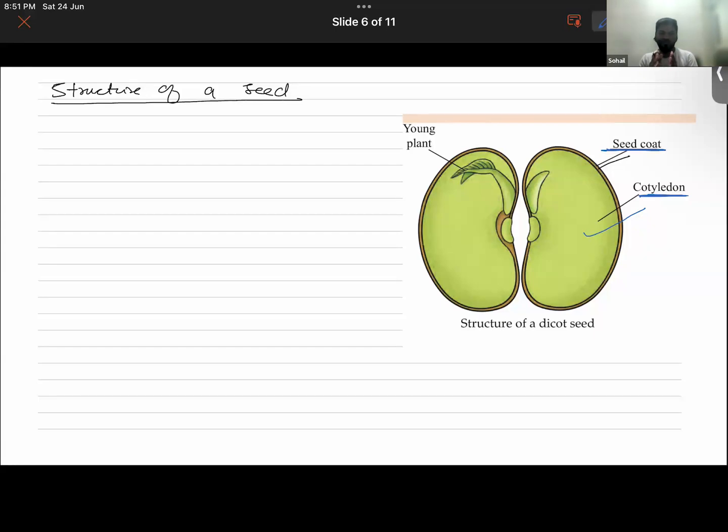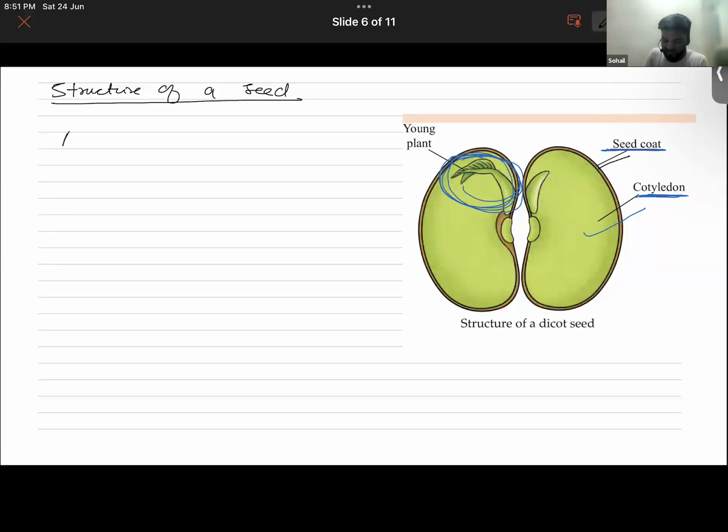That is the white portion of the seed, and it is protected by the outer layer, the seed coat. The fleshy region inside the seed coat is called the cotyledon, and it consists of nutrients required for this young plant here to grow.